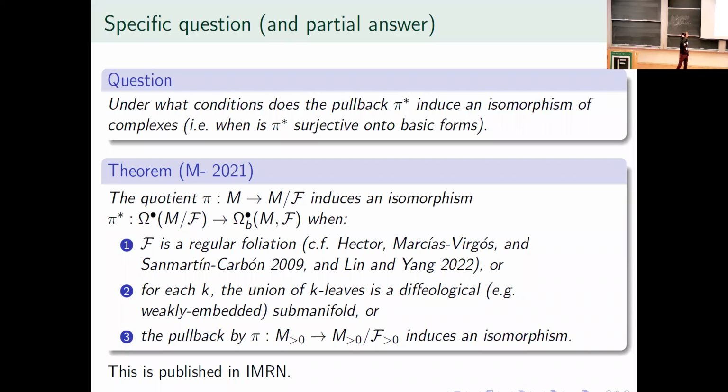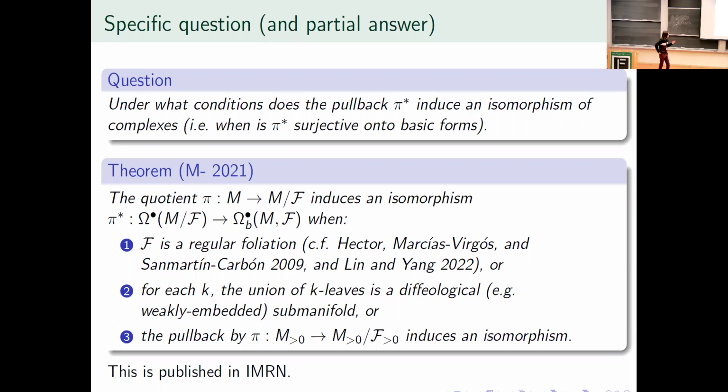Anyway, so the quotient will induce an isomorphism, or will be surjective, in the following three cases. So first, when F is regular. And I later found that this was also done by Hector, Macias-Virgós and Sanmartín-Carbón in 2009. And also, Yi Lin and Jiandong Yang also have an argument for this to be true in one of their recent preprints. So when F is a regular foliation, we are onto.